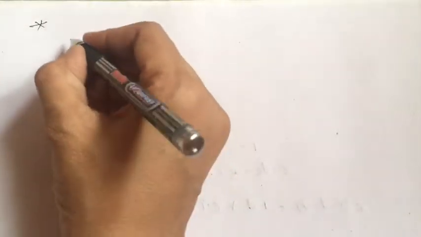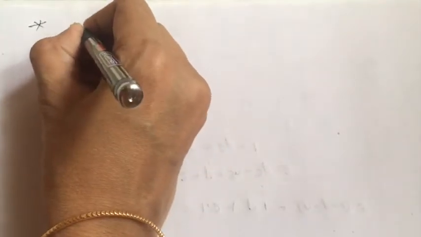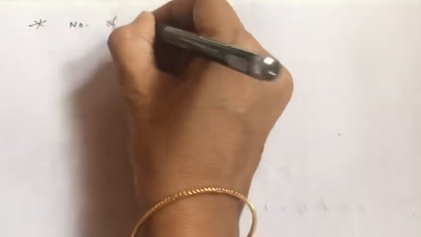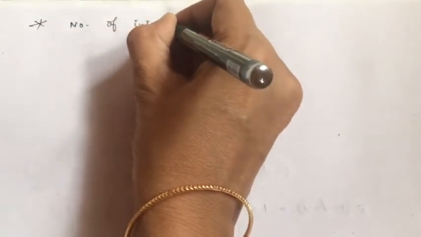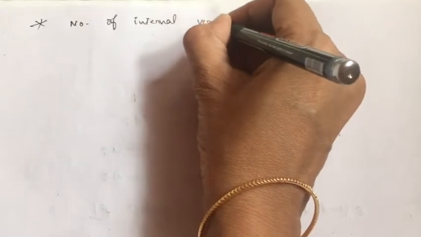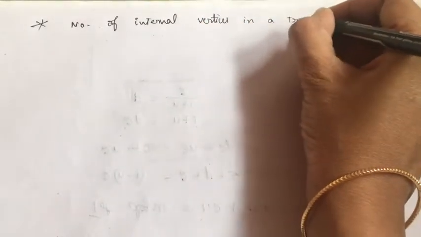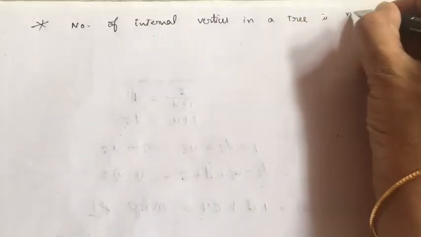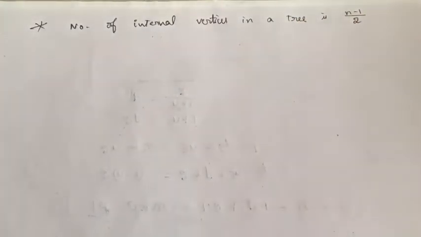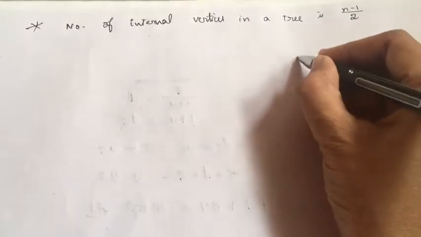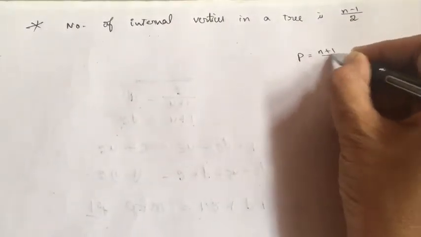The number of internal vertices in a tree is n minus 1 by 2. Why? Can you tell me? How many pendant vertices are there? Pendant vertices are n plus 1 by 2.